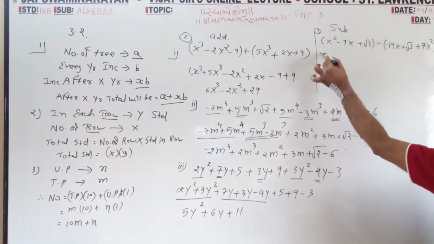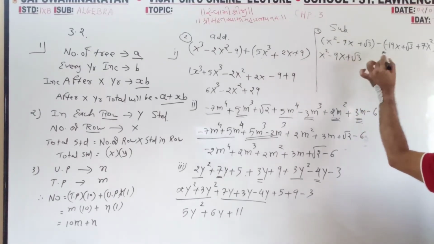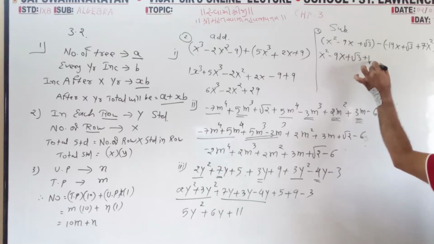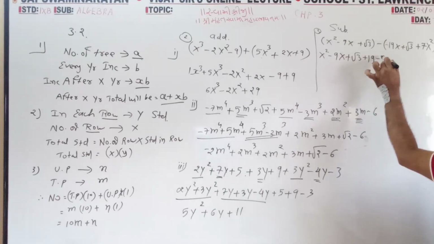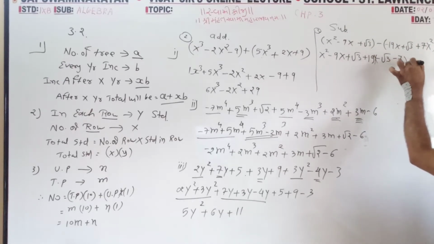So x square minus 9x plus root 3. Minus minus plus, minus plus minus. This is x, minus plus minus.